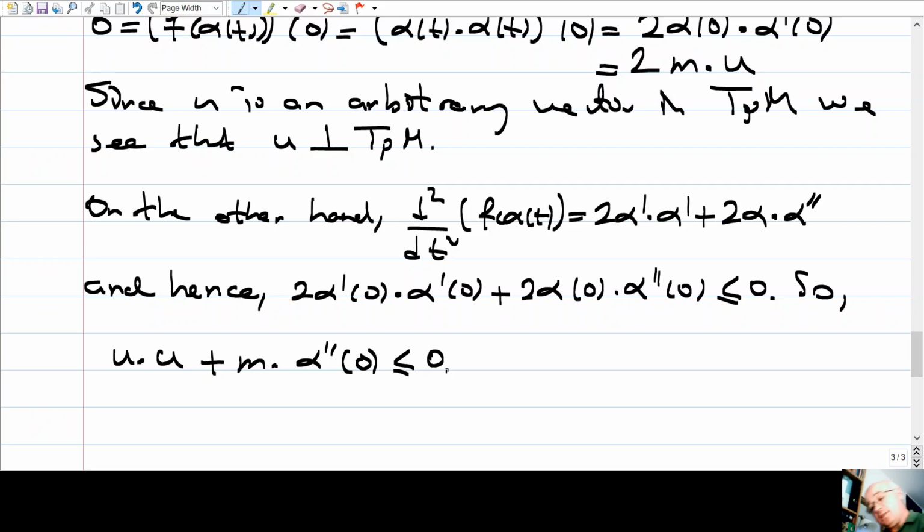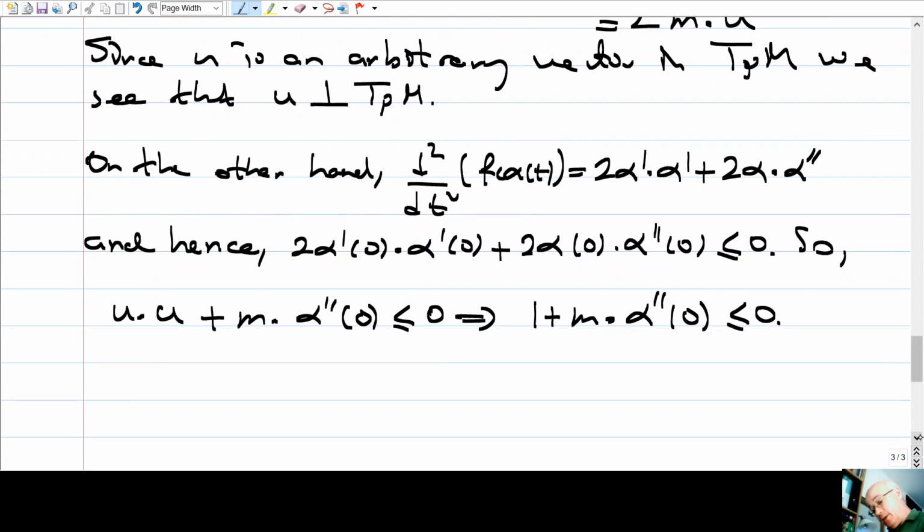But u is a constant vector, sorry, a unit vector. So this is 1 plus m times the dot product. This is negative. And from this, we get what? m dot this is less than minus 1. Okay.